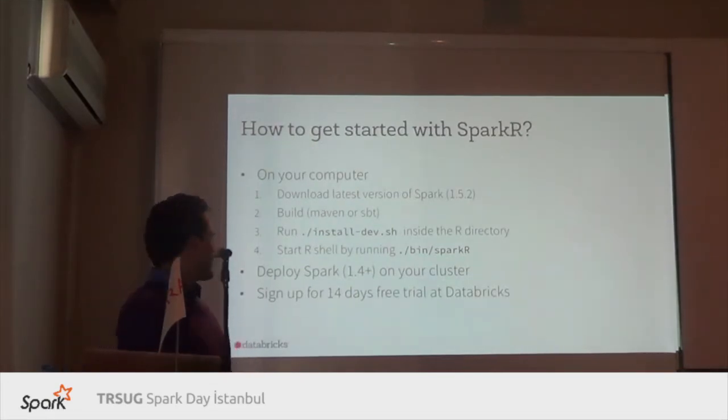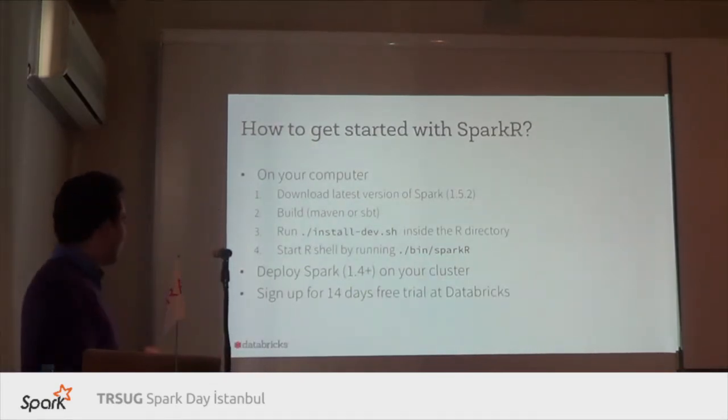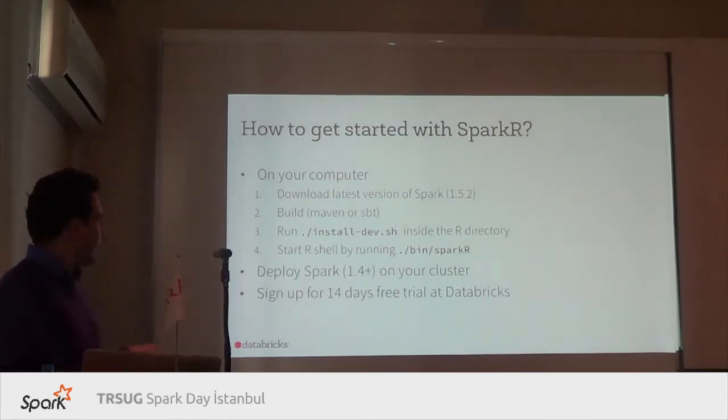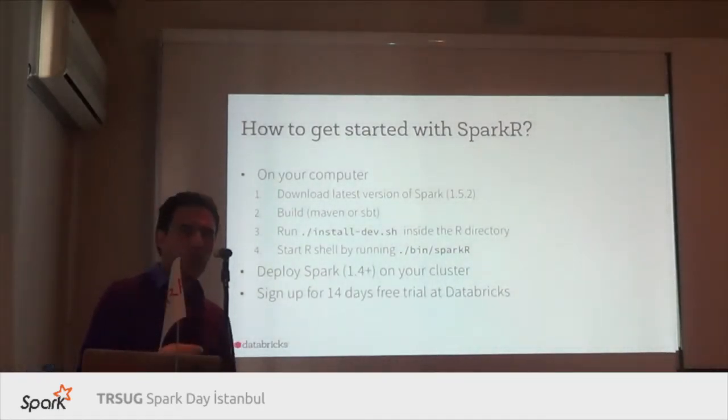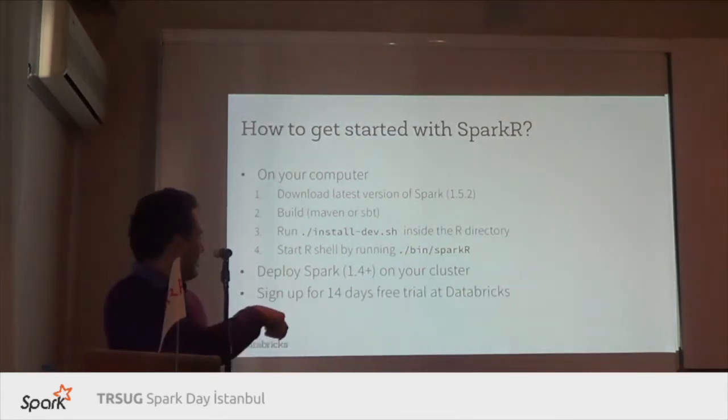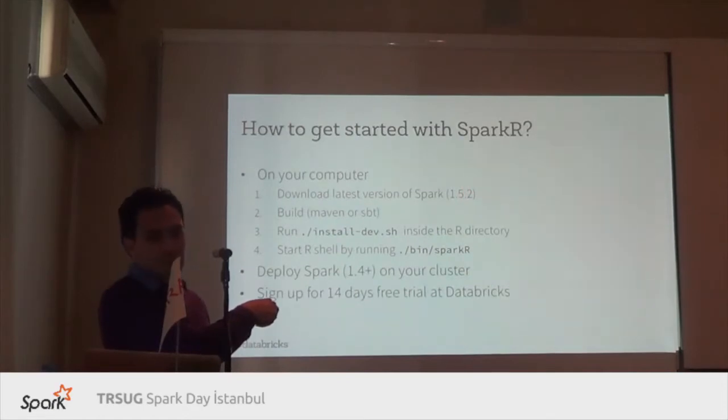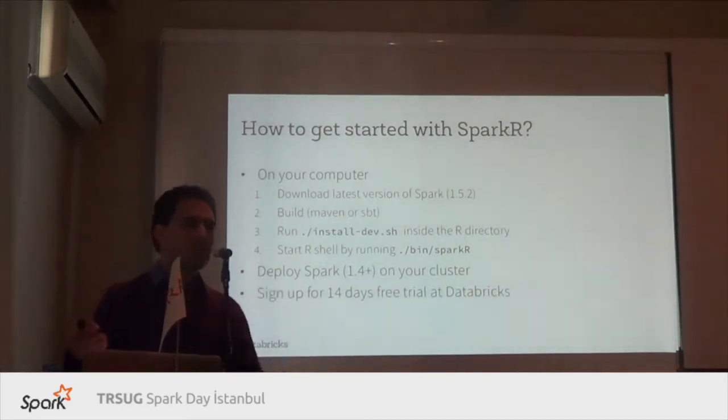To try it on your laptop, do these steps. Download the latest version of Spark. Right now it's 1.5.2. And there are different ways of downloading it. The way I recommend you do it for SparkR, check out this branch from GitHub. And then you end up with a Spark directory.